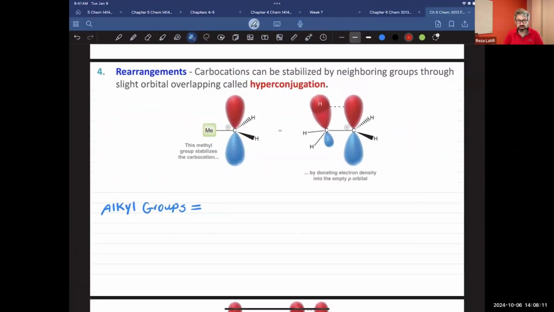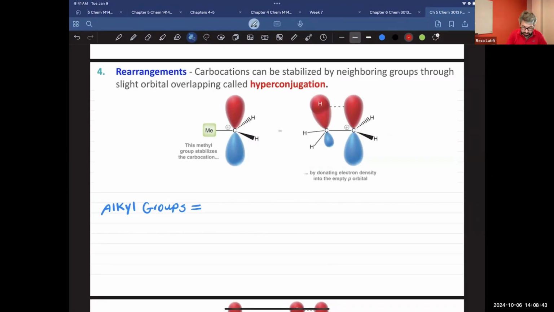The next part is going to be the rearrangement, and we have a term that we call hyperconjugation. And what is it? And how is this going to make the system more stable? The bottom line of this term is that carbon is not happy with a positive charge. Anything that can take the positive charge and drop it down will make carbon happier.